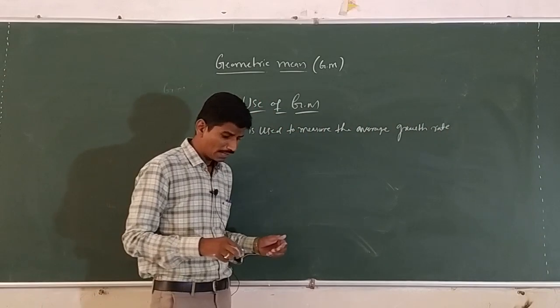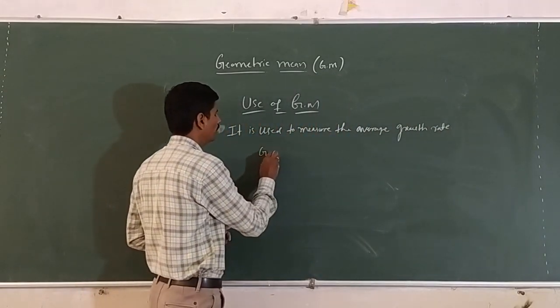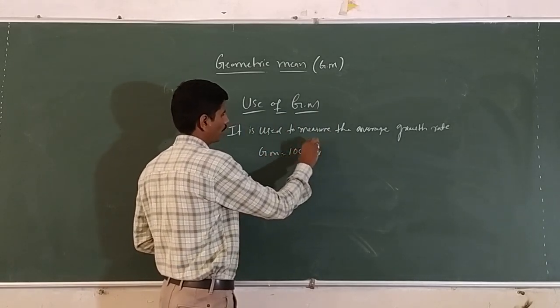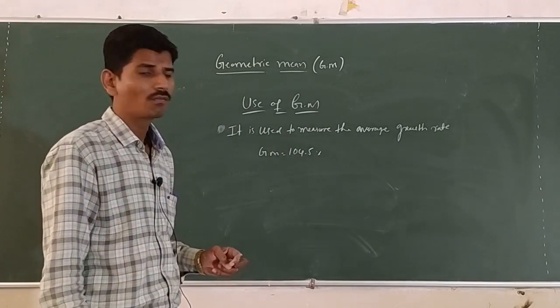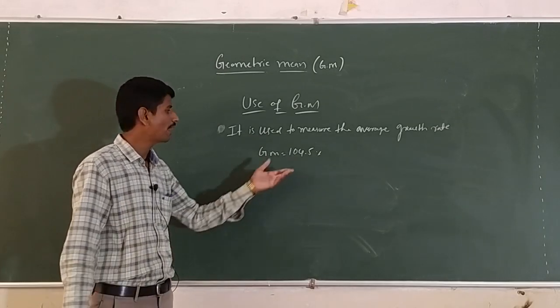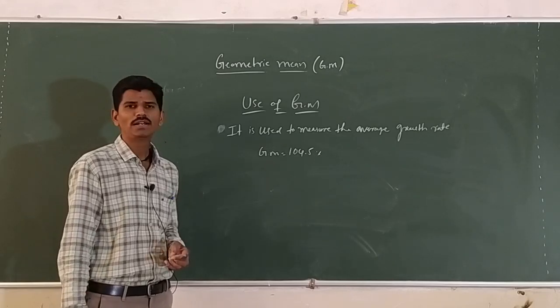For example, suppose GM is 104.5%. Then what is your conclusion? The average growth rate increased by 4.5%.